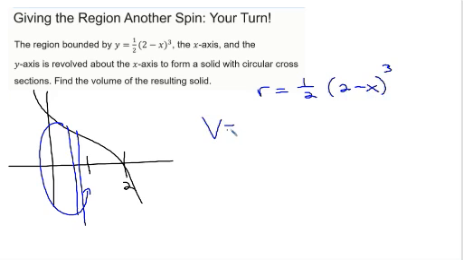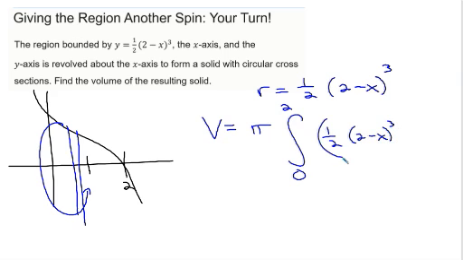Our volume is going to be pi times the integral from 0 to 2 of 1/2 times (2 minus x) cubed, all of that squared, and then multiplied by pi.